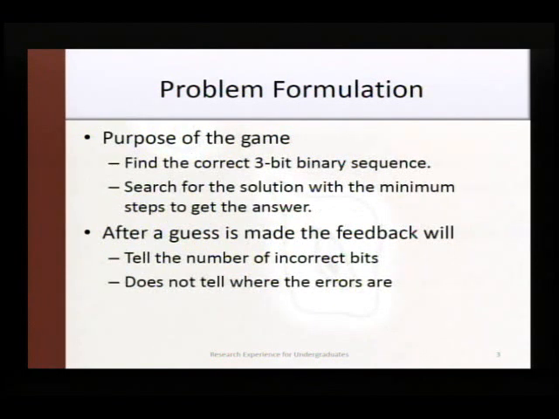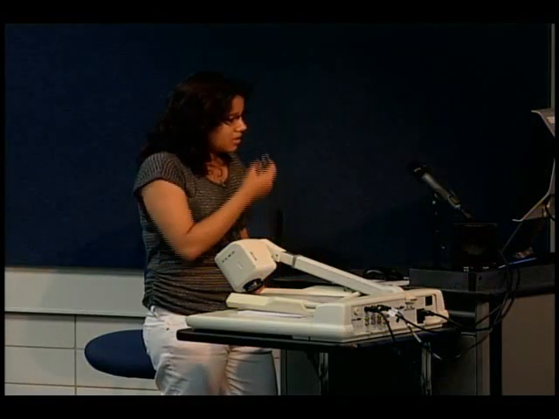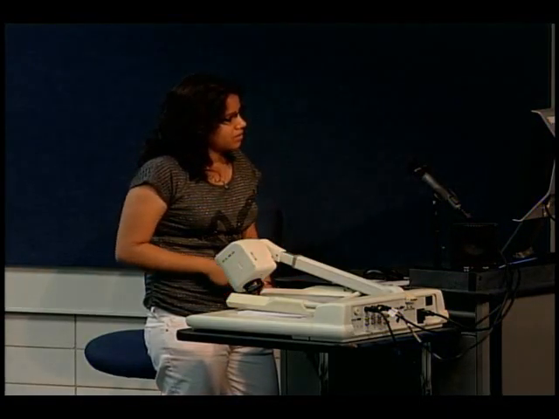So the purpose of the game is to find the correct 3-bit binary sequence and to search for the solution with the minimum steps to get the answer. After a guess is made, the feedback will tell the number of incorrect bits, but it will not tell where the errors are.